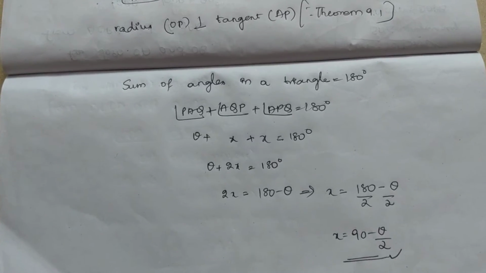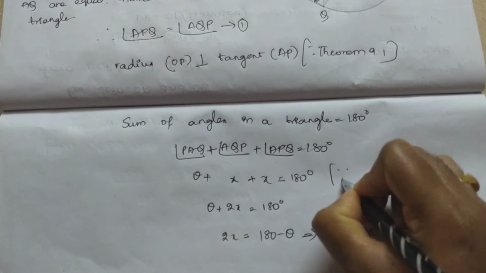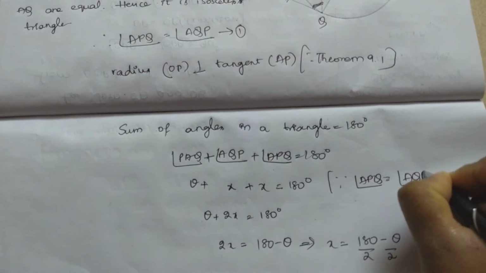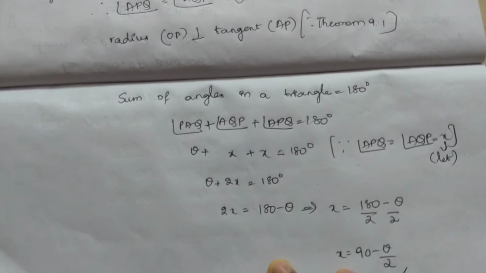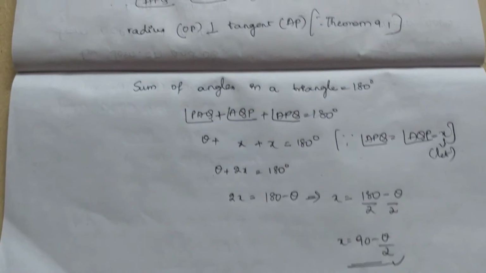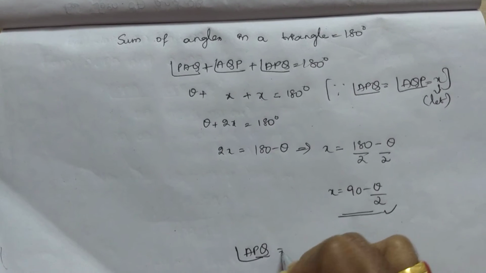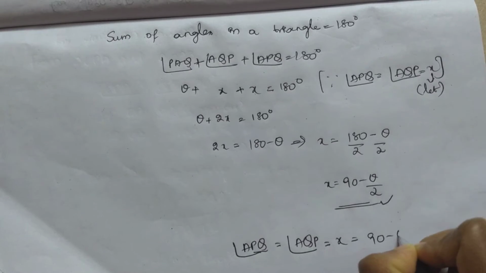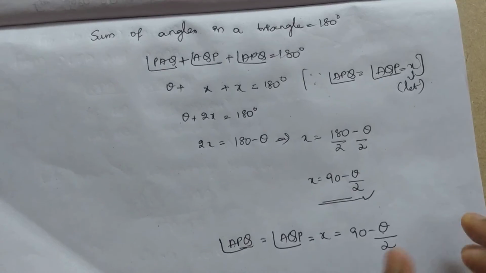We got the two angles as 90 minus theta by 2.